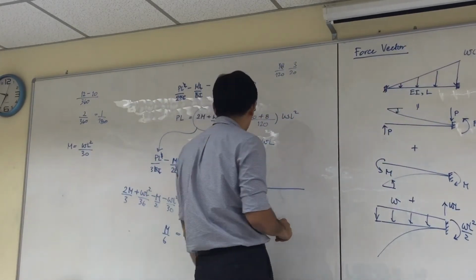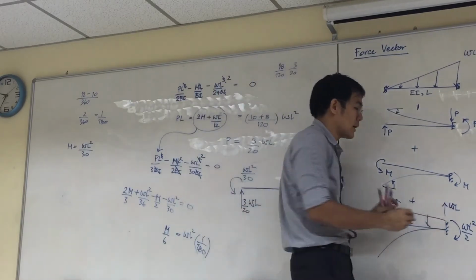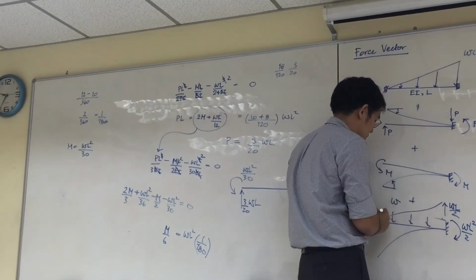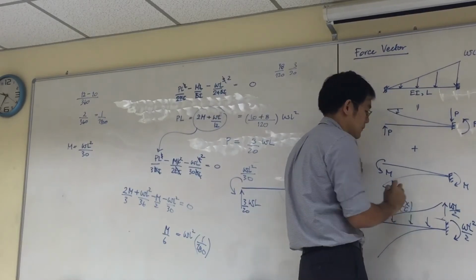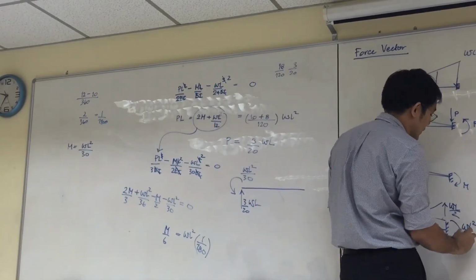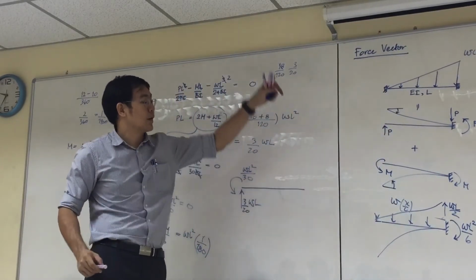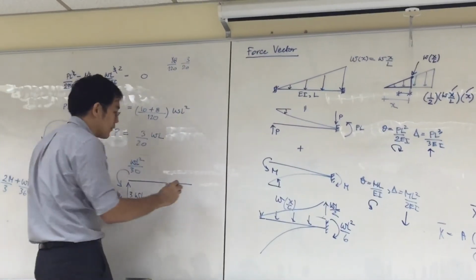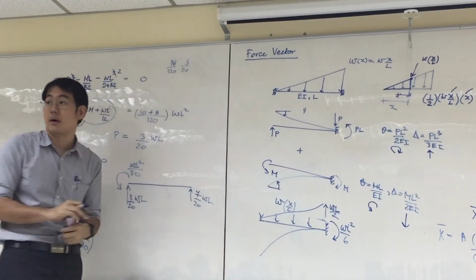For this side, it has to be WL over 2, right? And this moment is equal to 6. So WL over 2 upward and P being 3/20 pushing downward. So you have 7/20 WL upward.